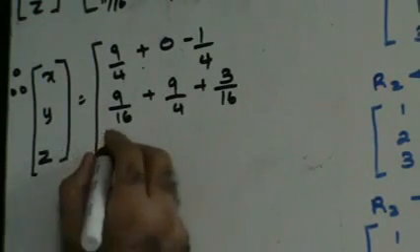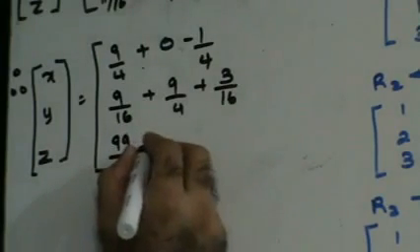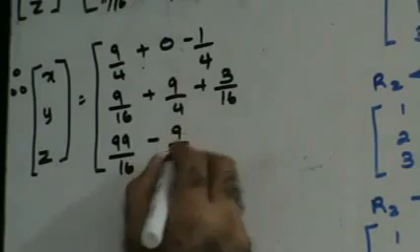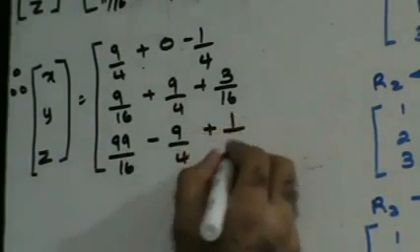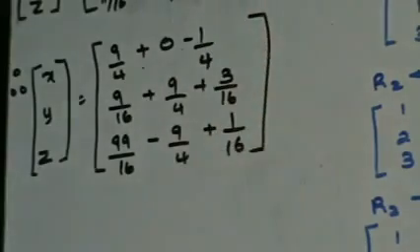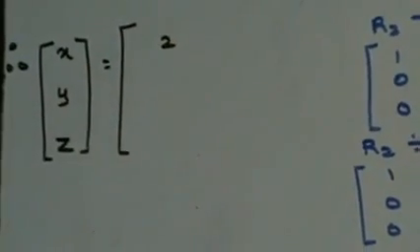That is going to be 11 nines are 99 by 16 minus 9 by 4 minus into minus plus 1 by 16, right? Therefore you can say that X, Y, Z is going to be equal to, this is 9 by 4 minus 8 by 4, minus 1 by 4, that's 8 by 4, which is going to be equal to 2.